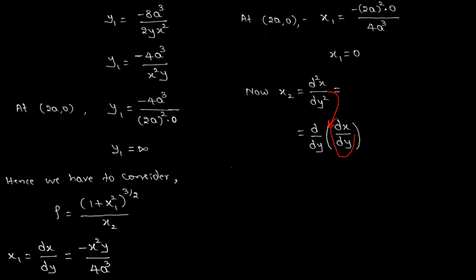We already know what dx by dy is. Let us take this and keep here and differentiate again. Yes, we have substituted the value of dx by dy. Let us differentiate this with respect to y now.